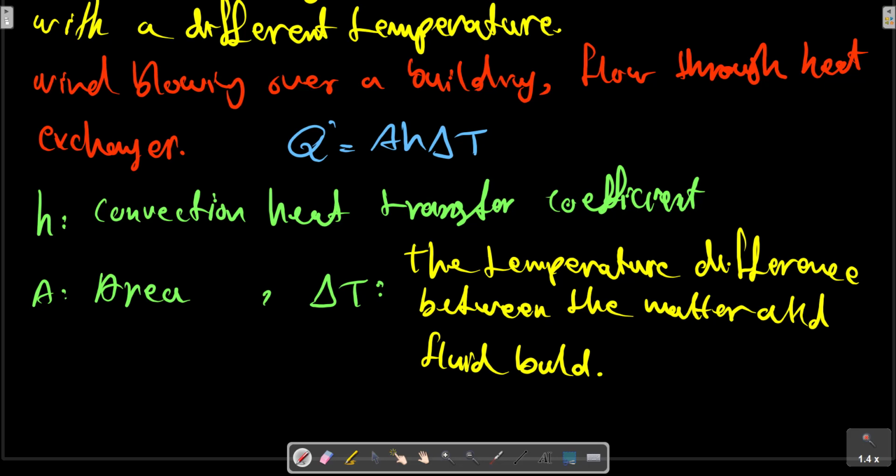A more detailed study of fluid mechanics and heat transfer aspects of the overall process is necessary to evaluate the heat transfer coefficient for a given situation.